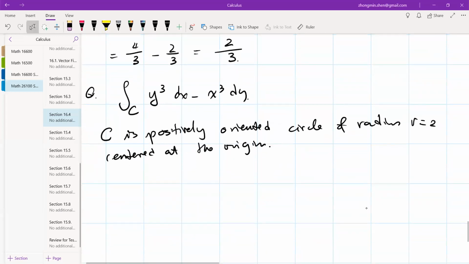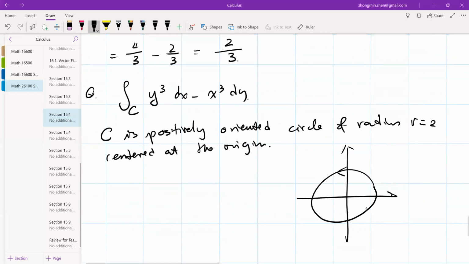So this is a circle. Radius r equals what? Equals 2. So you can have two options. Now, if you use the formula for line integrals, parameterize a circle, and you will see it's pretty complicated.